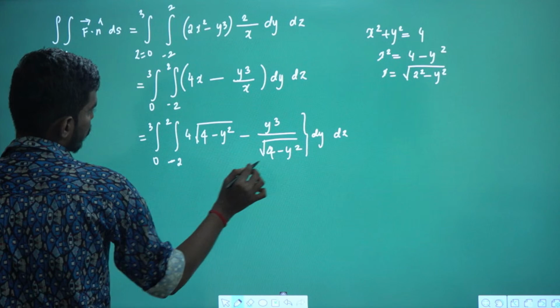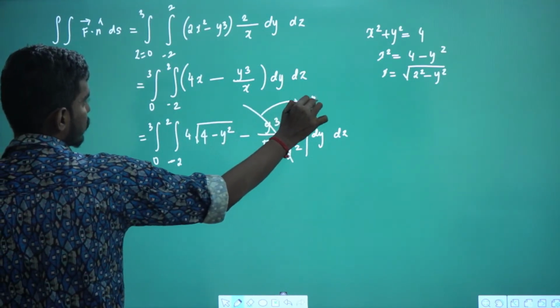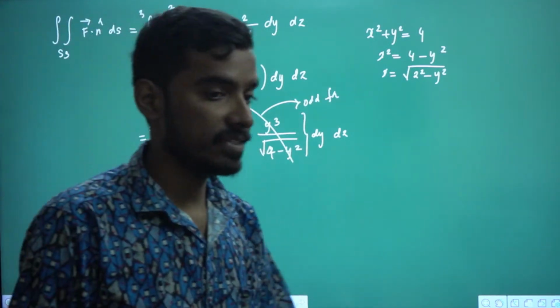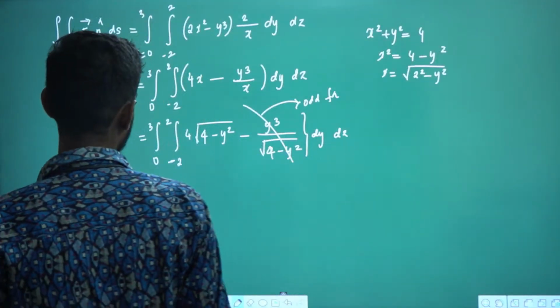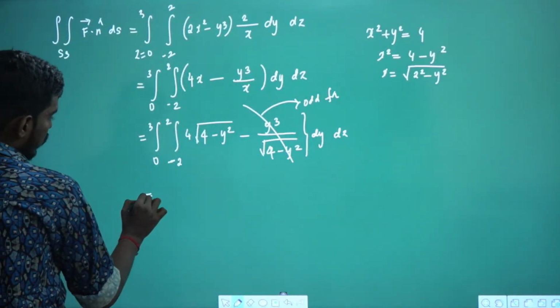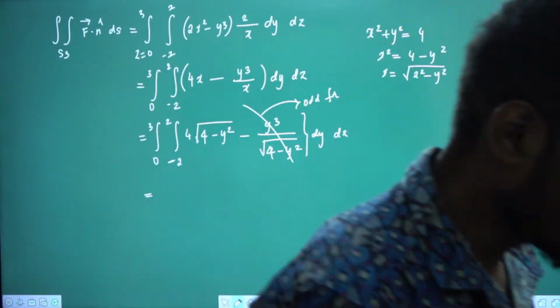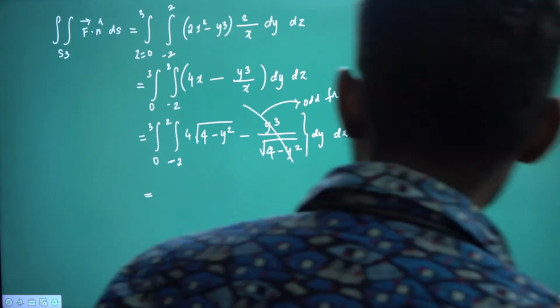Now we have to integrate this with respect to y. I can discard this term. Again, this is an odd function, right? Because f of minus y is minus f of y. So you'll be left with 2 times again, which is an even function now.